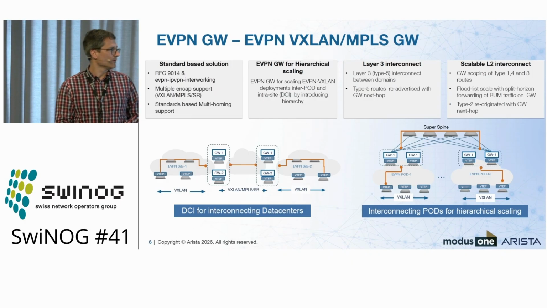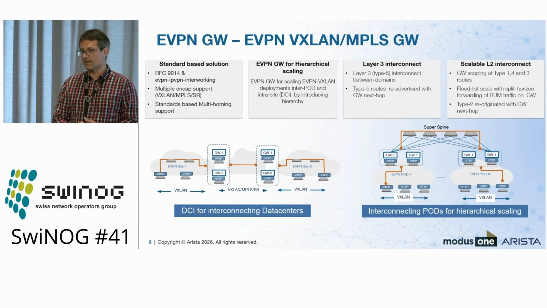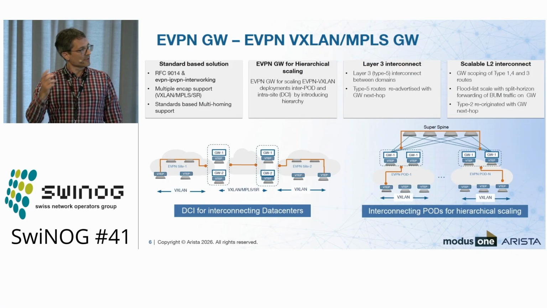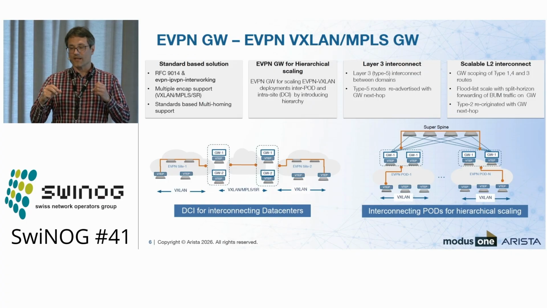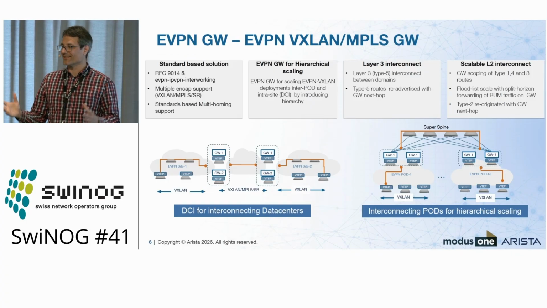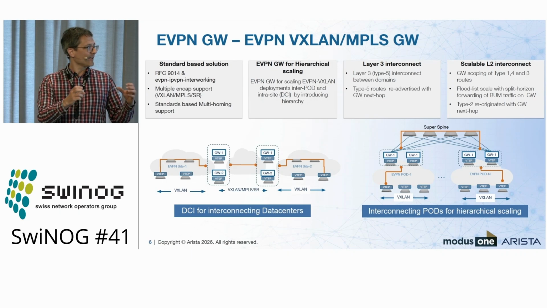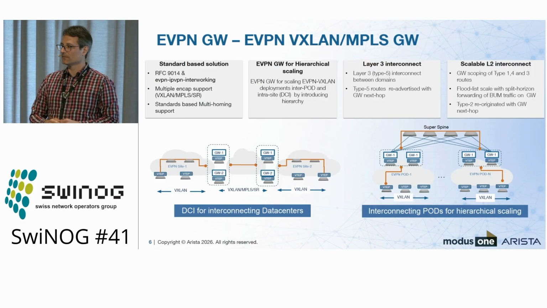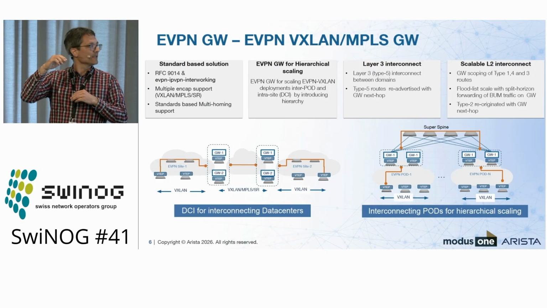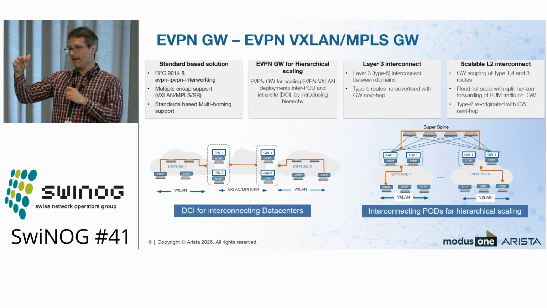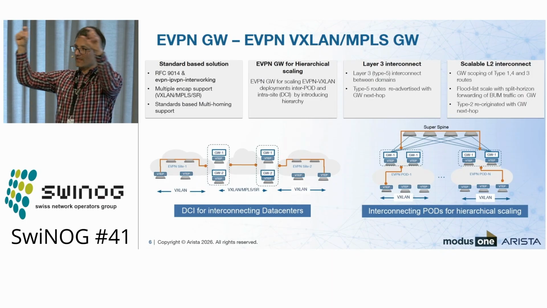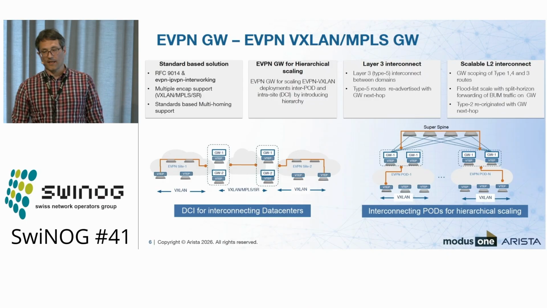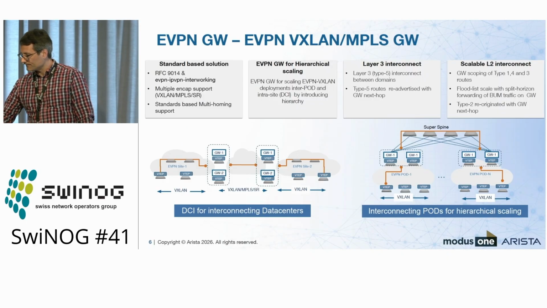This is all standardized and tested. And then the other is scaling to a big single data center by dividing the whole fabric into different pods and adding EVPN gateways at the edge of each pod and connecting them through a superspine layer. We'll dive a little bit deeper into how this actually works.